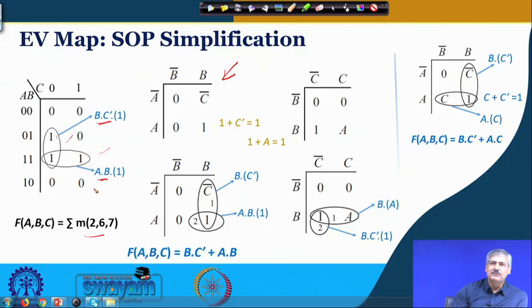Now, we can also think of this as BC prime, the product term that is generated, multiplied by 1 and ANDed with 1. Okay. For any min term that is present, the corresponding value is ANDed with 1, and if the min term is not present, the corresponding input variable combination is ANDed with 0. So, that is why it is 0.